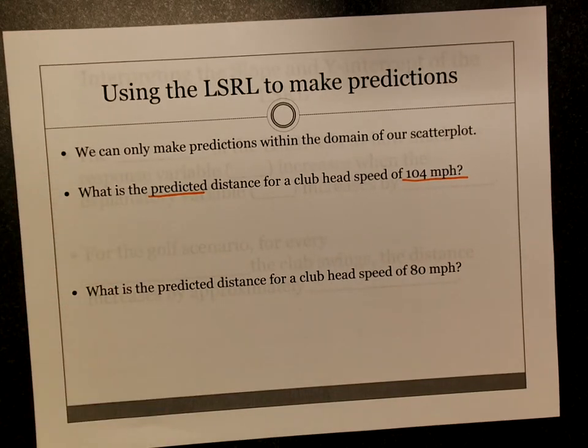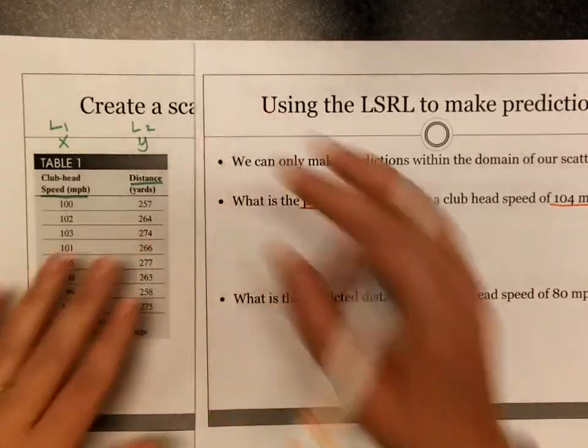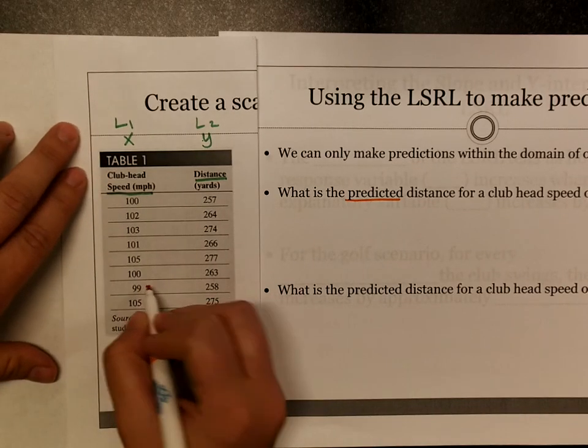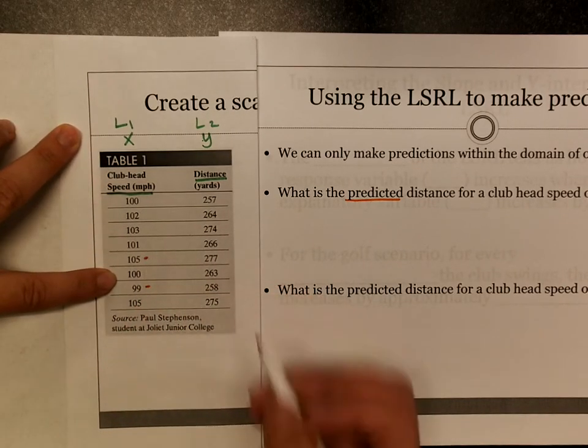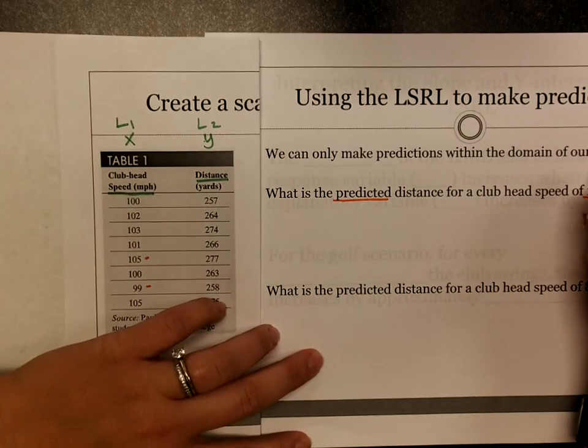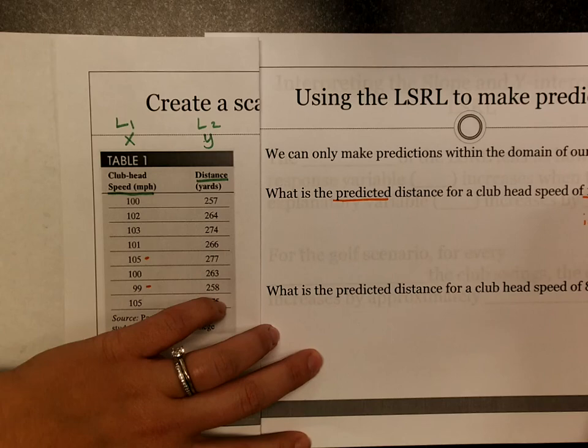Now let me go back to that original set of data. Here's my original set of data. Club head speeds ranged from 99 up to 105. So 104 is in the domain.